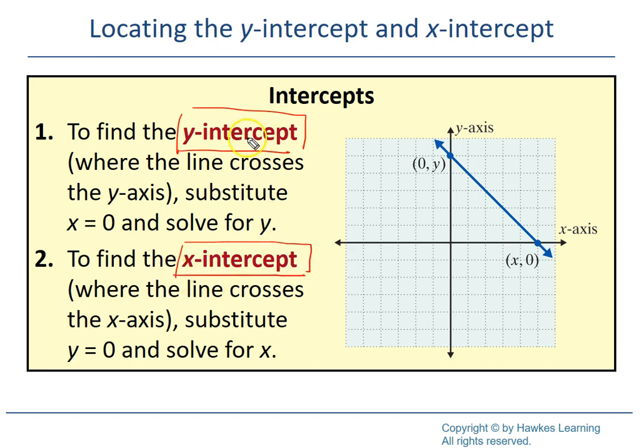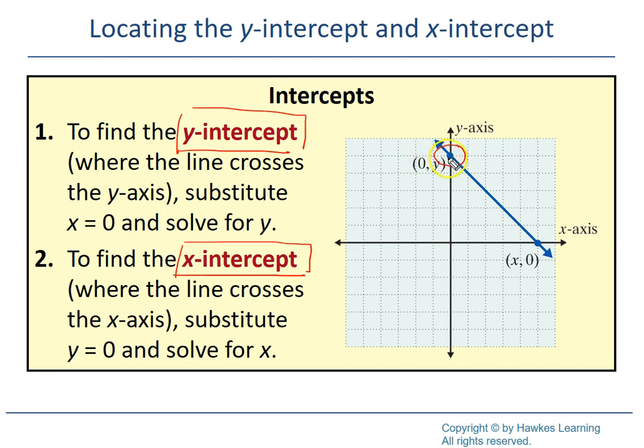Intercept means it's connecting with something, and in the y-intercept, the line is going through the y-axis at that y-intercept point.